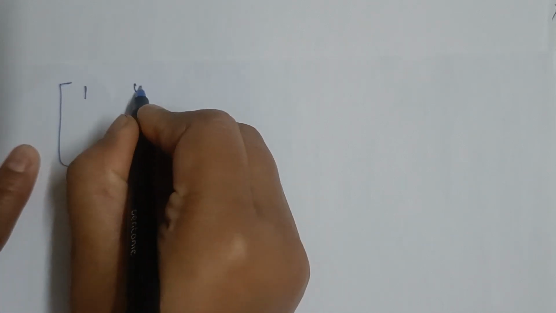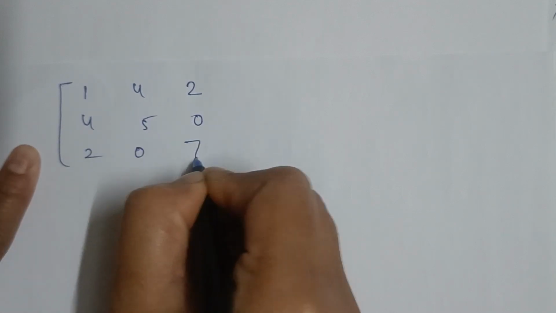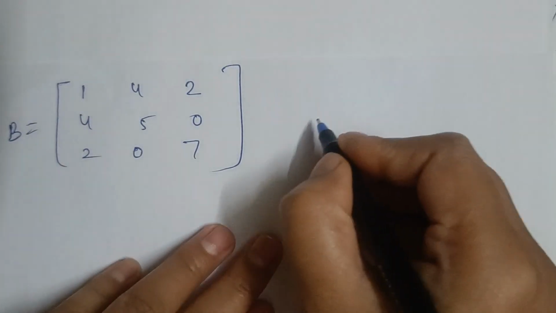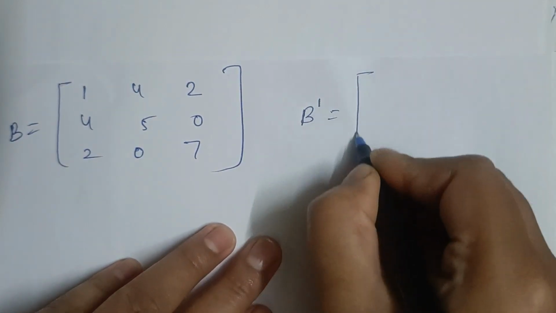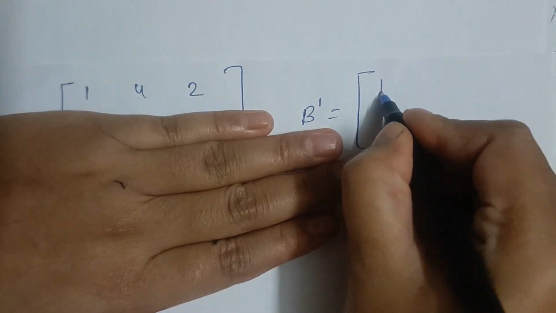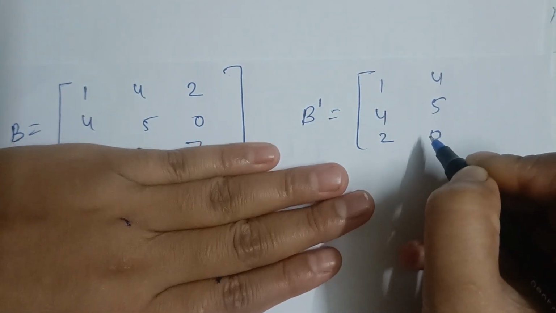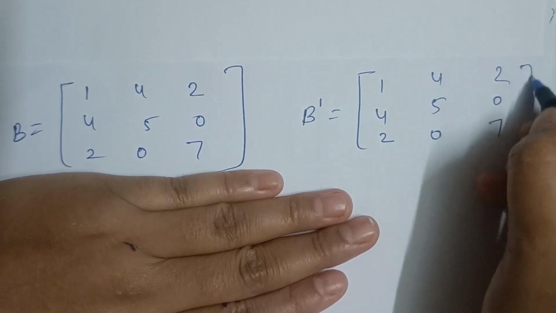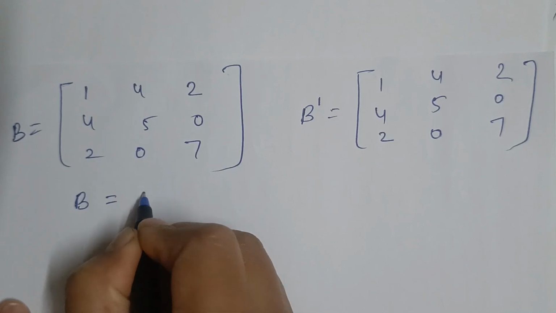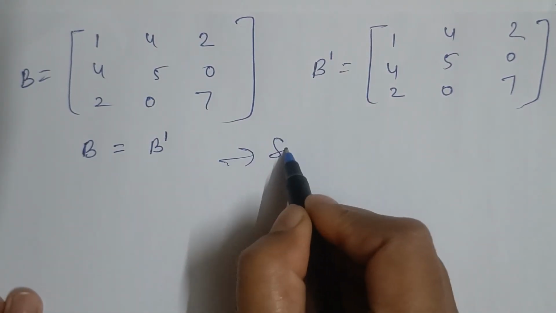Let me consider 1, 4, 2, 4, 5, 0, 2, 0, 7. Let me consider this as a matrix P. So the transpose of matrix P: this is my first row, so I'm writing it as a column. Second row, writing it as a column. Third row, writing it as a column. So you can see matrix P is equal to the transpose of itself. So I can say this is a symmetric matrix.